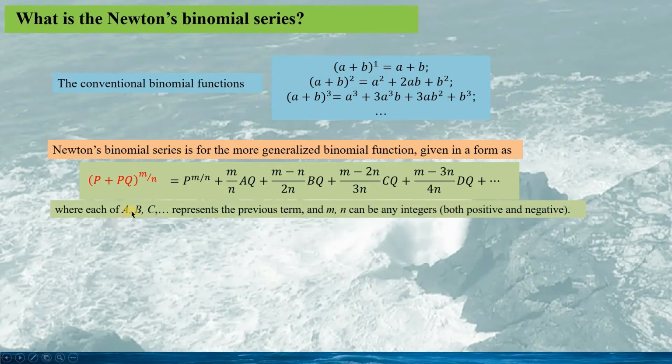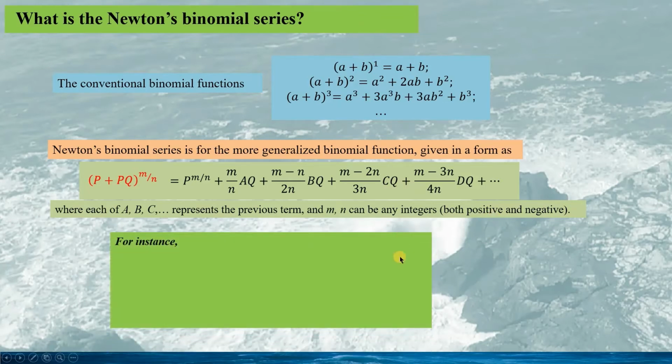Here, each of A, B, C, D represents the previous term, and M and N can be any integers, positive or negative. For instance, if we take P equaling 1, Q equaling minus x, and M equaling minus 1 and N equaling 1, then we have the binomial function given in this.